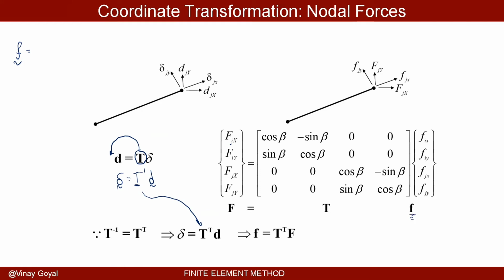I want to solve for small f, so I have to do an inverse again. So T, that's a matrix, inverse times F bold, the vector format. And this again is T transpose.